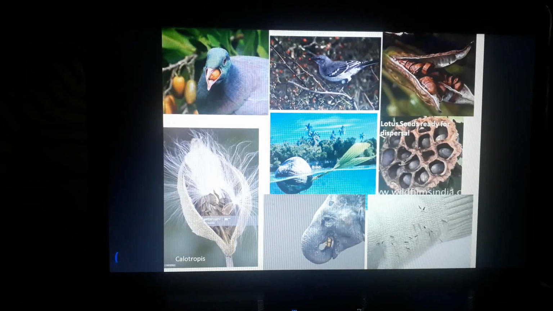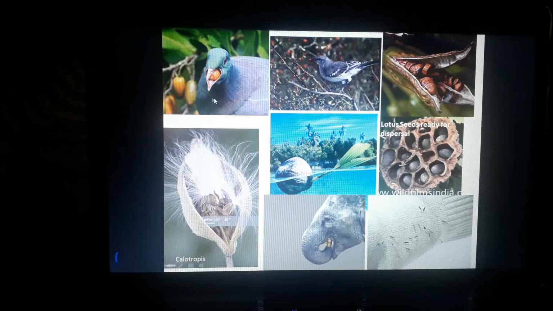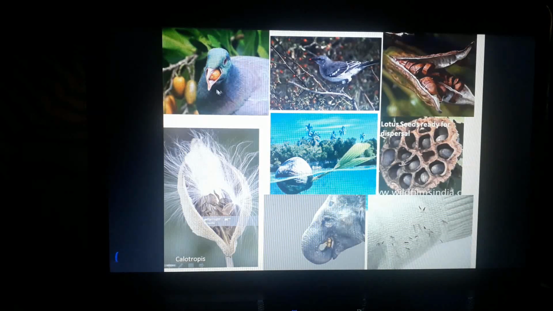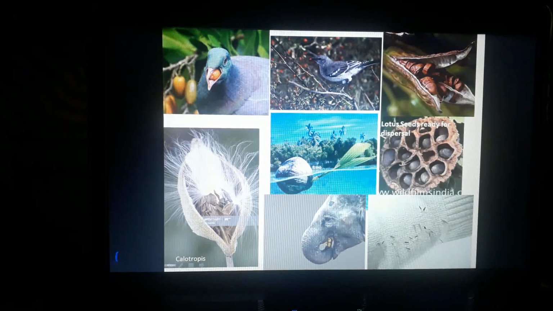Now you can easily understand this slide because in the first slide it shows zoochory in which the animal is eating upon the fruit. In this case the bird is eating upon the fruit. Here also this sparrow is eating on the fruit, and this is the calotropis which is adapted to the Anemochory. This is a seed which possesses the crown of hairs, and this is the hydrochory.